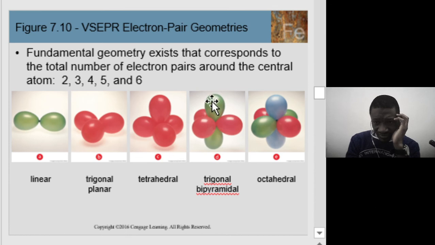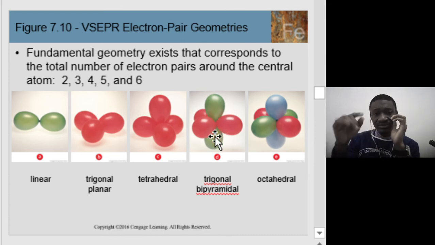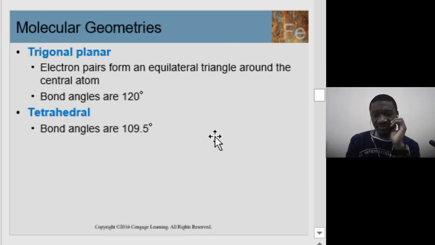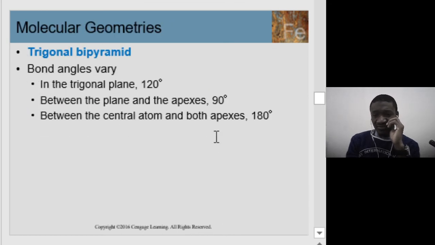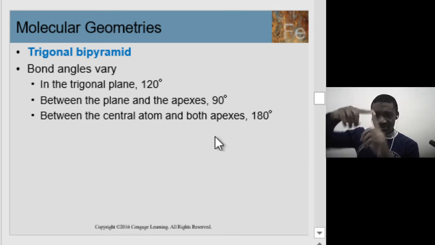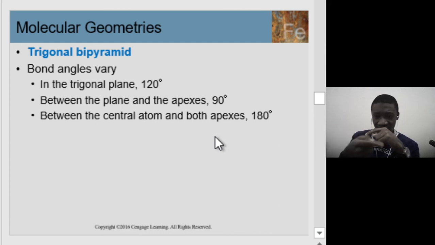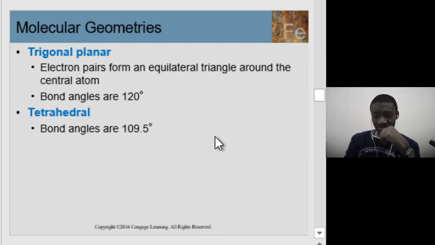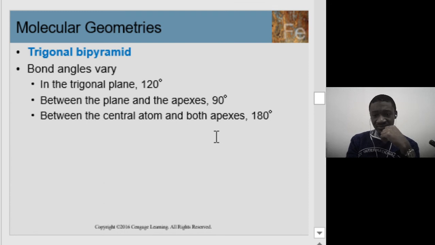So you have different sides, so you have 180 at the apex area, the one straight down, and then the one between the trigonal ends, which is similar to the trigonal plane as we saw.